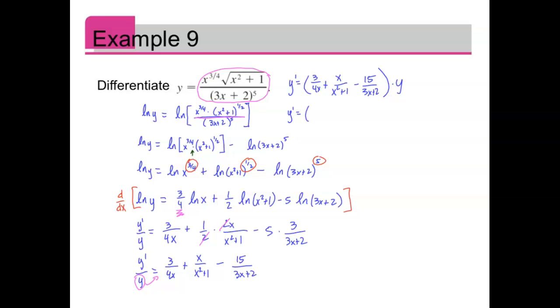That's okay. 3 over 4x plus x over x squared plus 1 minus 15 over 3x plus 2 times x to the 3/4 root x squared plus 1 over 3x plus 2. There you go, final answer.